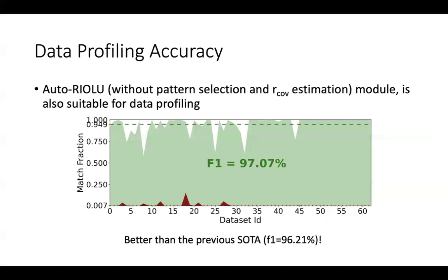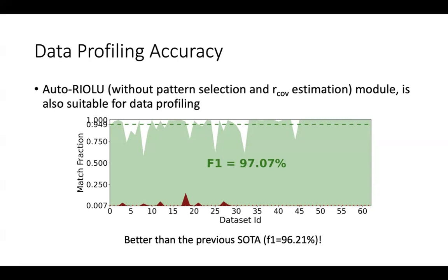Here we also did another test with the data profiling task, using the dataset provided by Flash Profile. You can see from here that we reached a very high F1 score of 97.07%.